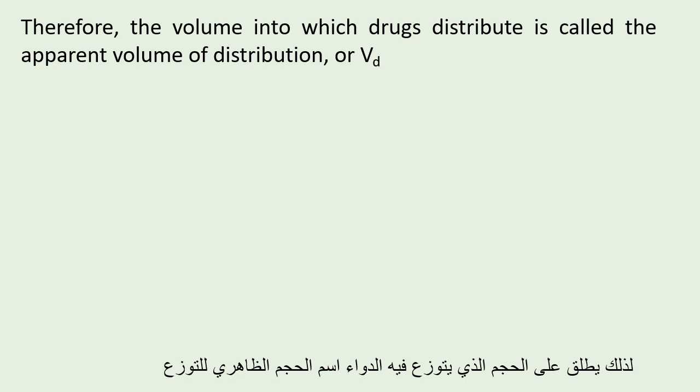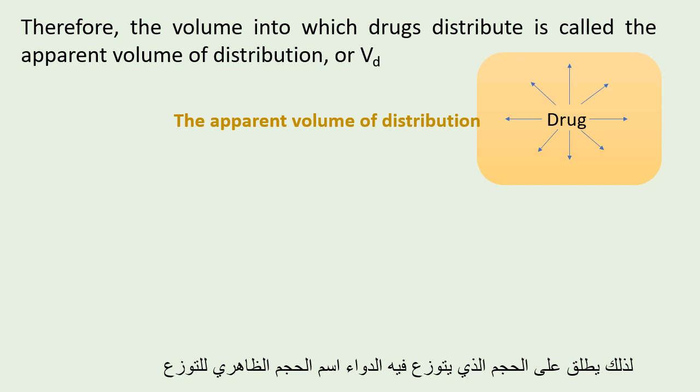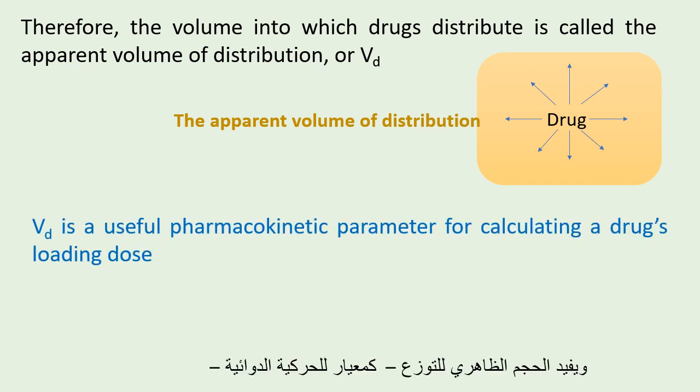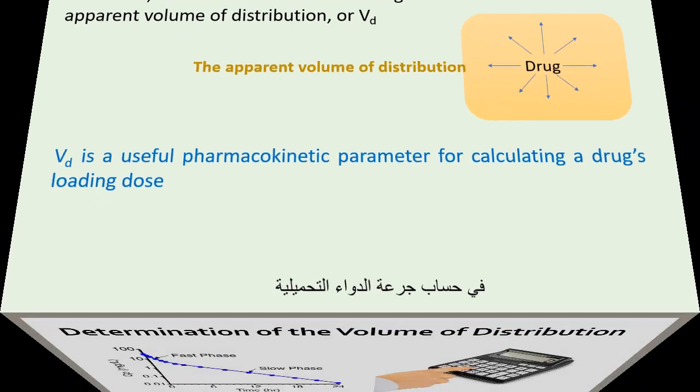Therefore, the volume into which drugs distribute is called the apparent volume of distribution, or VD. VD is a useful pharmacokinetic parameter for calculating a drug's loading dose.